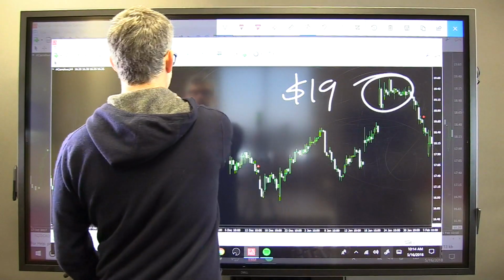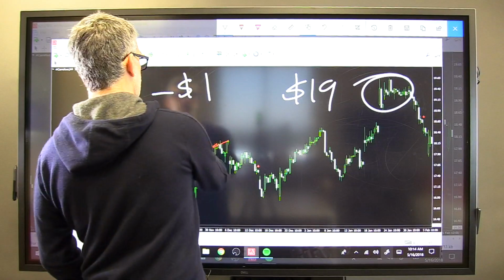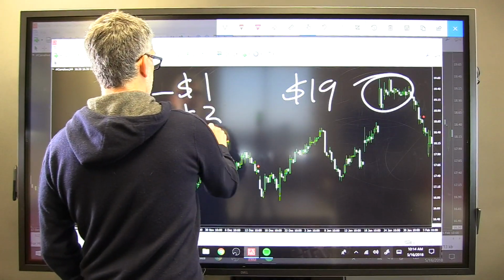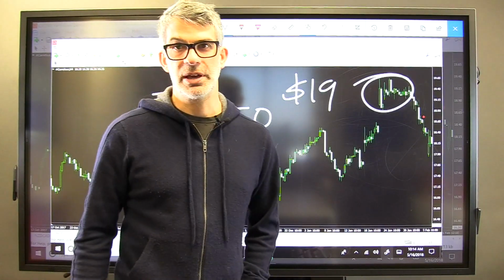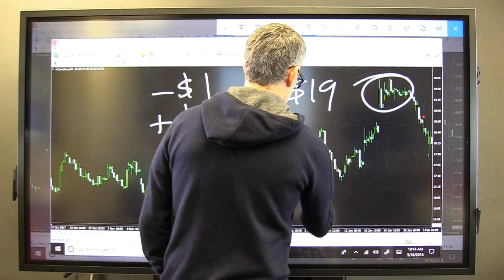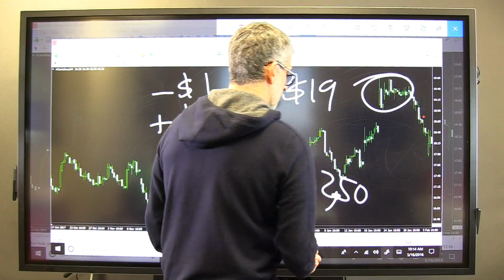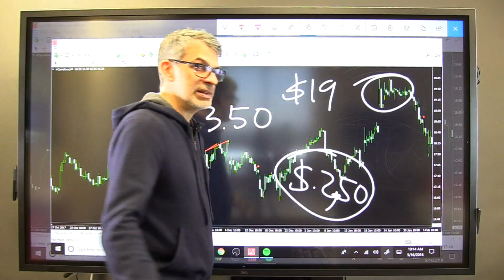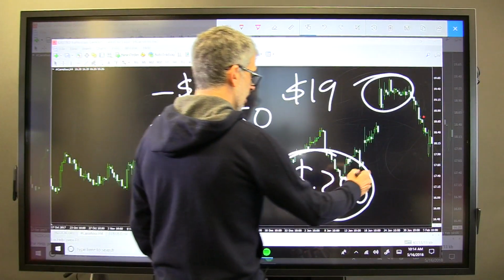That means we've lost $1 on the first position, and we've made $3.50 or more on the other position for a net win of $2.50. And if you added to the position as price moved in your favor, then this is an even bigger win.